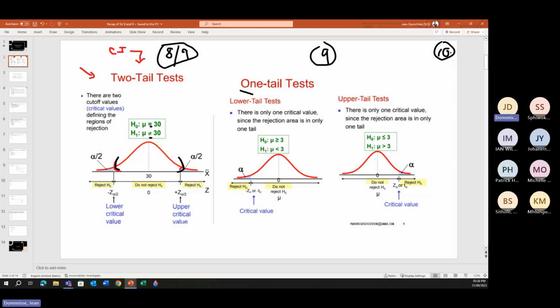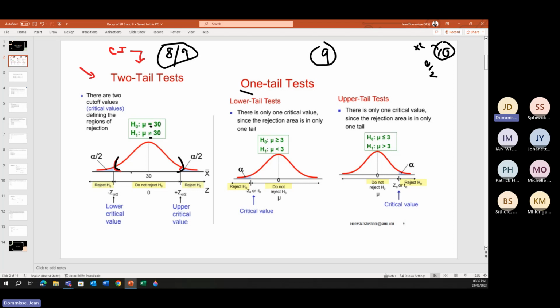So again, that is why in chapter 10 with a chi-square, we also will always look at alpha divided by 2. Okay, so again, just important. When we have two-tail, remember it's alpha divided by 2.